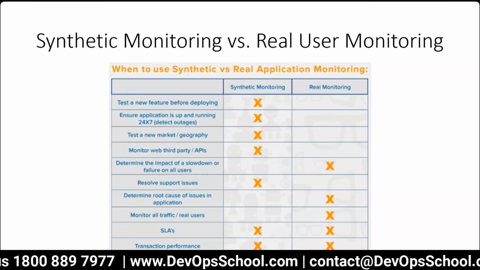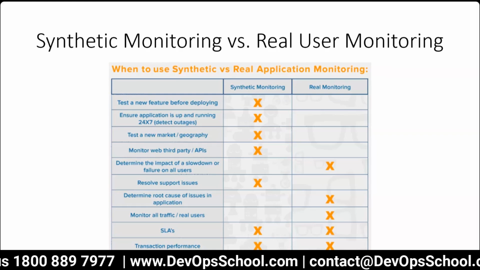If you want to ensure applications are up and running 24/7 to detect outages, you have synthetic monitoring. You want to test a new market and geography, then synthetic monitoring. You want to monitor third-party web APIs, then synthetic monitoring is good.